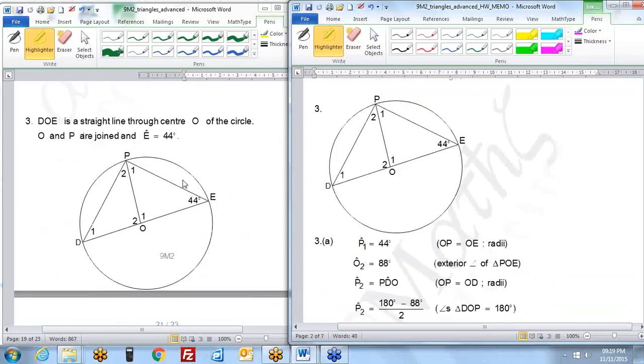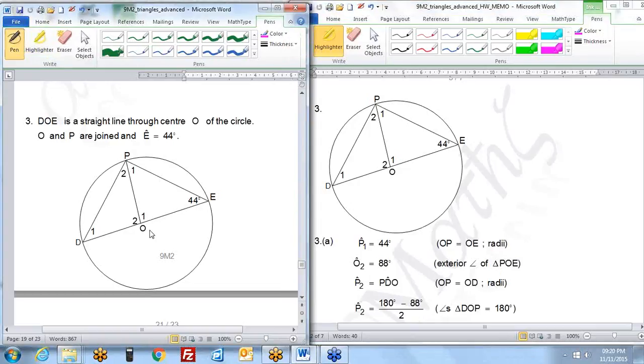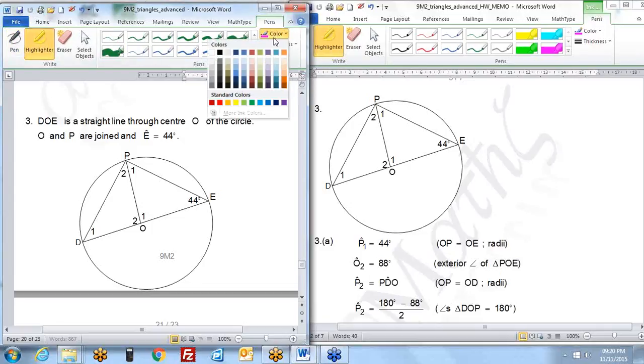DOE is a straight line through center O of the circle. O and P are joined. So in other words, we have a radius there, a radius there and a radius here. Let's just try to use the color quickly.